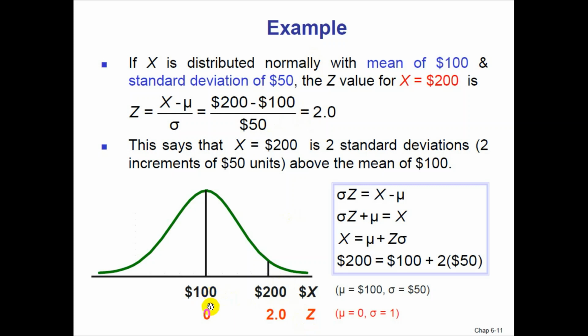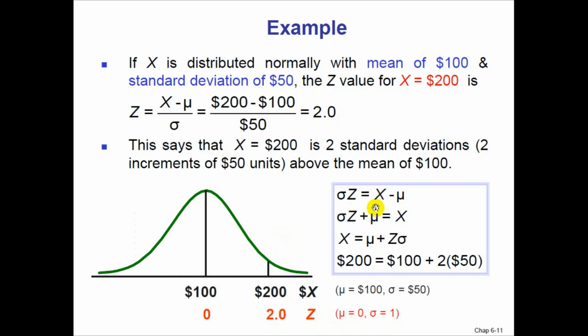When you convert to z, the center becomes 0, and when you plug in x equals 200, you get a z value of 2. So the question gives you the x value, and you need to convert it to the z value, where mu equals 0 and sigma equals 1.